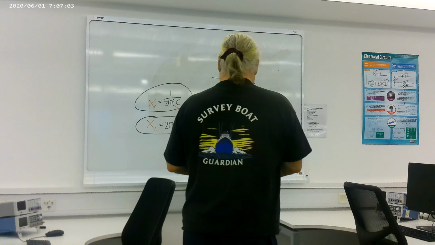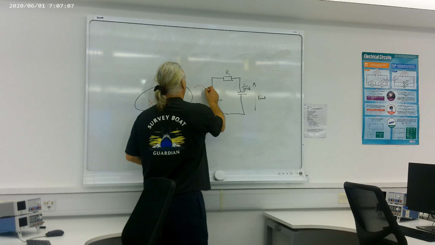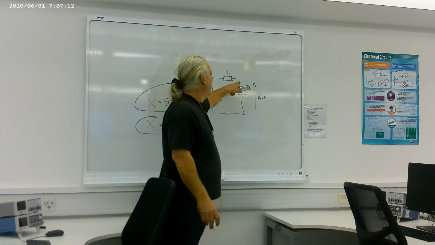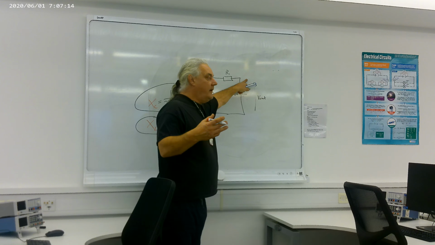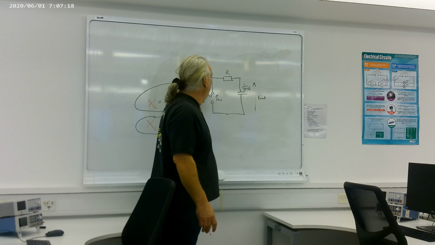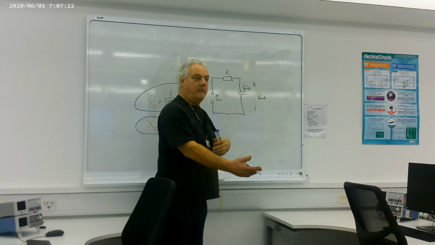Now, what happens if I put low frequency in here? What do you think the output's going to look like? We're not talking about 10 hertz, 100 hertz, million hertz. If I put low frequency in here, what's the output going to look like here? Is it going to have a small amplitude or a big amplitude?